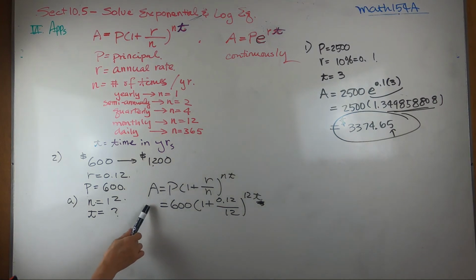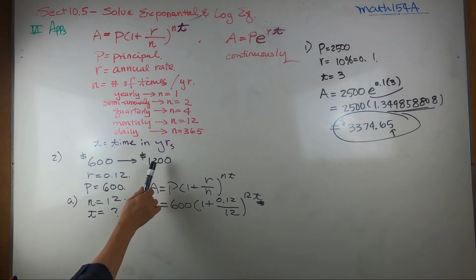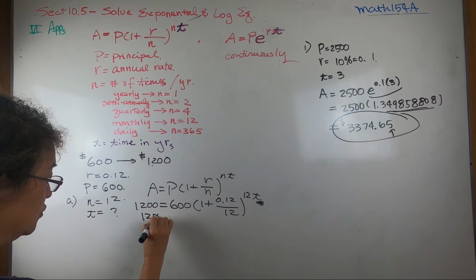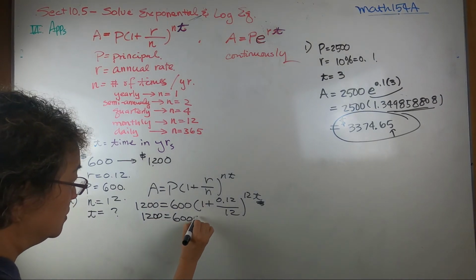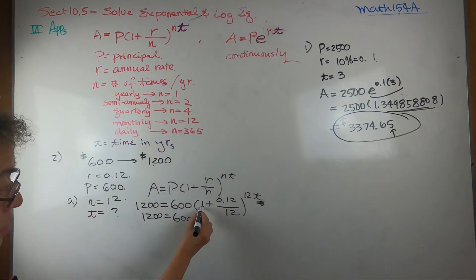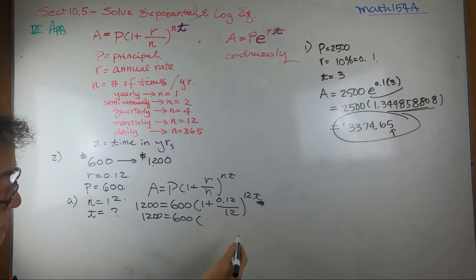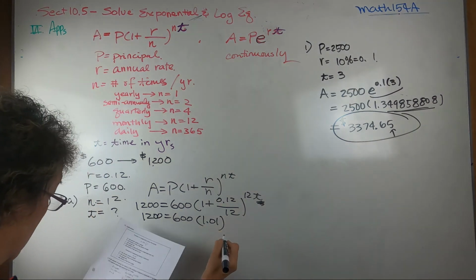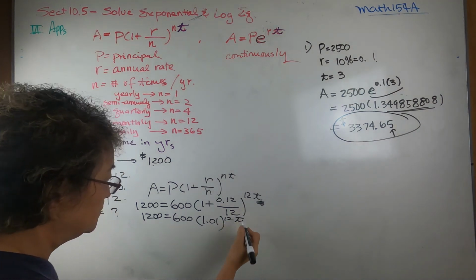Then we need to put A here so we can find the T. So what is your A? The amount, right? The final amount. You want to double it, so you will be what? 1,200. That's how you should do it, right? So 1,200 would be what? 600 times 1 plus 0.01, so that's 1.01 to the what? 12T.